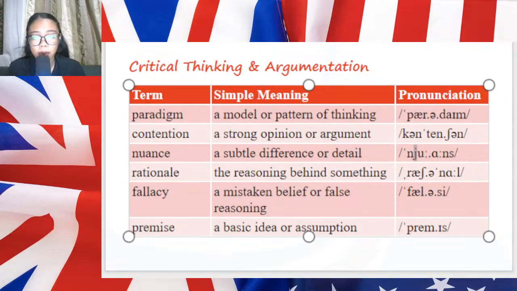When it comes to pronunciation, we have rationale, with three syllables. Let's start with the first syllable, "rash," which has a short vowel sound. It starts with the letter R sound, followed by a short vowel sound, and ends with the sh sound. The second syllable is just a schwa sound, a short, weak, unstressed vowel sound.